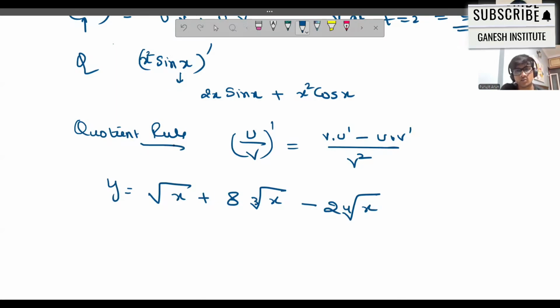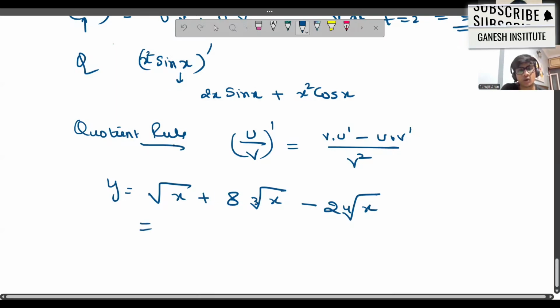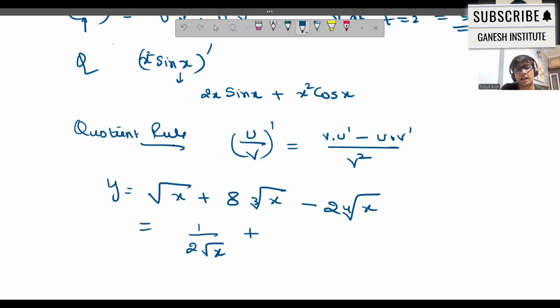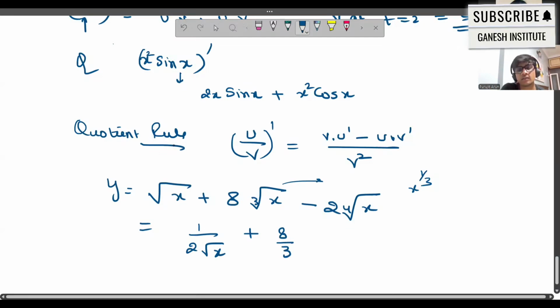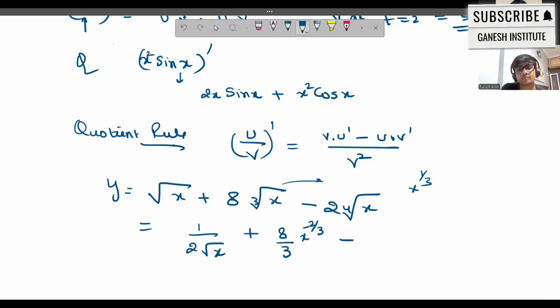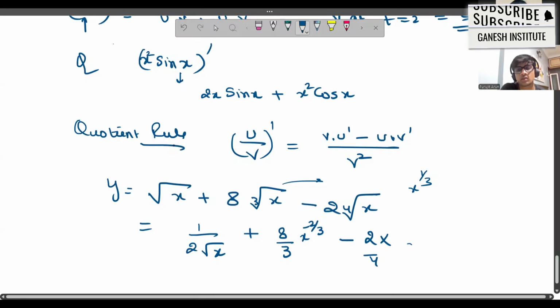So the dy by dx would be 1 upon 2 x raised to minus 1 upon 2, plus 8 into 1 upon 3, x raised to 1 minus 2 upon 3, minus 2 upon 4, x raised to minus 3 upon 4. Right.